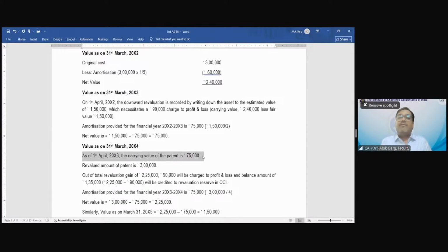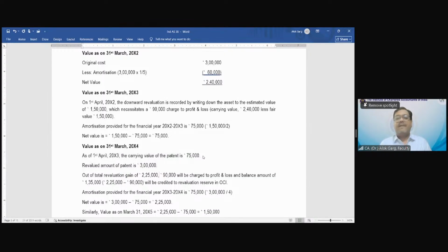Okay. Now what is the recoverable value of the patent on 1st April 2003? 3 lakhs. Again it becomes 3 lakh. So what should I do? Should I take this entire 2,25,000 as a revaluation surplus? First of all, carrying value is 75 and the revalued amount is 3 lakh.